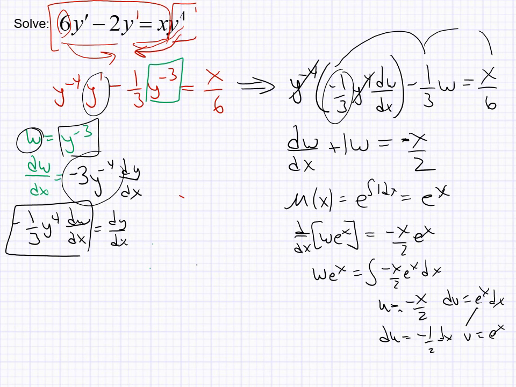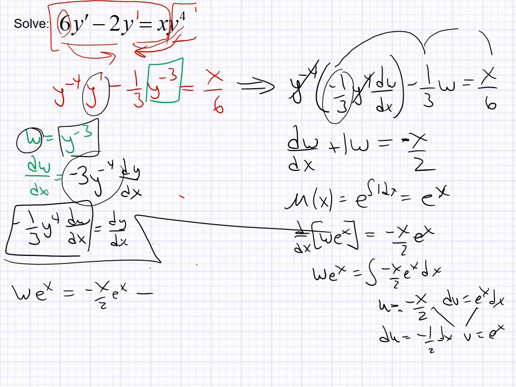We get w e to the x equals u times v, so negative x over 2 e to the x, minus the integral of v du. With this minus, that turns into a plus, so we get 1/2 e to the x. So w e to the x equals negative x over 2 e to the x plus 1/2 e to the x plus c.